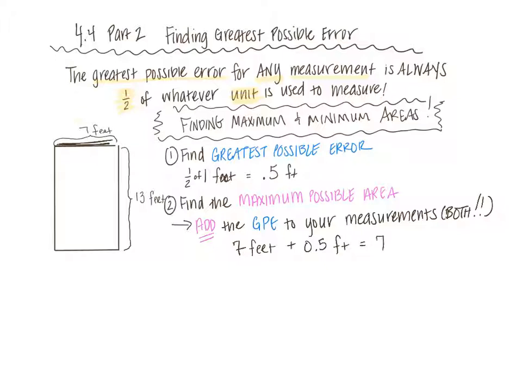Well, hopefully you got 7.5 feet. Okay, I have to do it to the other measurement too. So let's say that I have 13 feet, and it could be as big as actually 13 plus half a foot, which hopefully you recognize as 13.5 feet. Once I've added the greatest possible error to both of my measurements, the next thing I have to do is find my area.